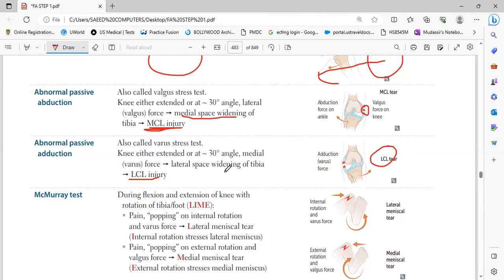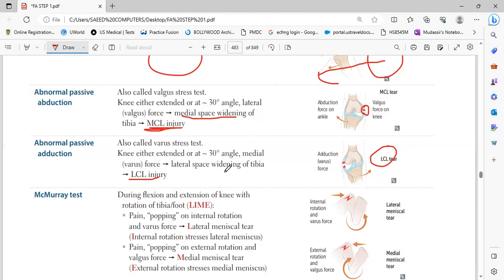Then always remember, force will be applied on the opposite side. When I am checking medial space widening, I will put force on the lateral side. So if the medial space widens, it is MCL injury. Then to check LCL, I will apply medial force. If the lateral space widens, this is LCL injury.